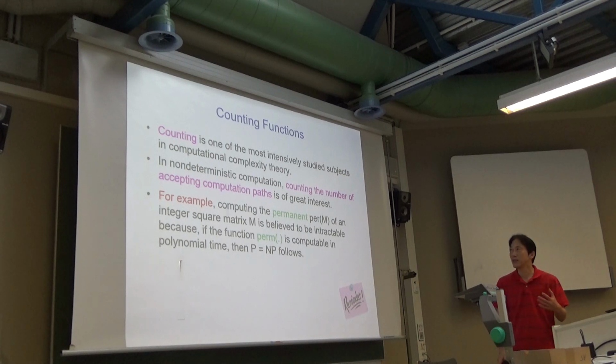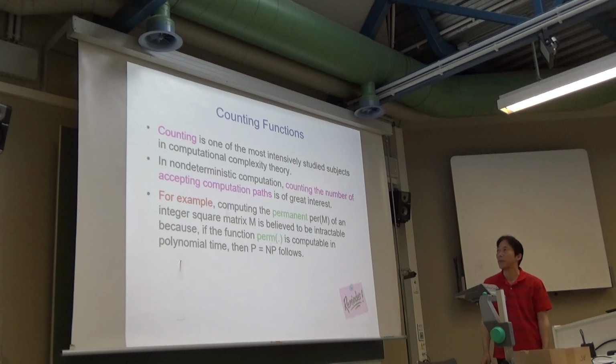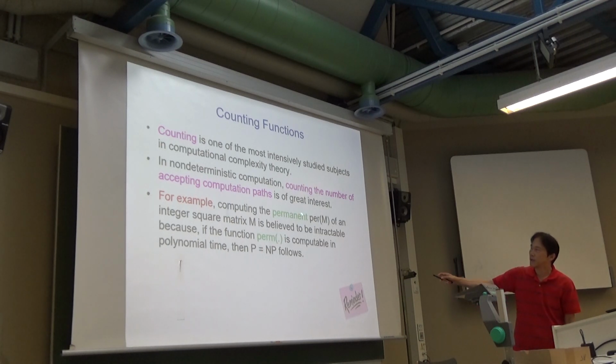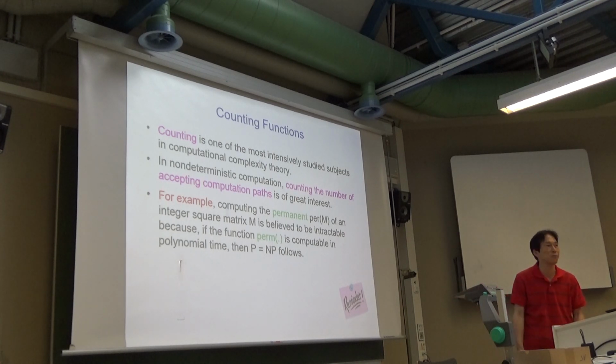The complexity of this permanent is known to be #P-complete. #P is the complexity class consisting of the functions counting the number of accepting computation paths. So this problem is really hard because it is #P-complete. Unless P is equal to NP, this function may not be computable.